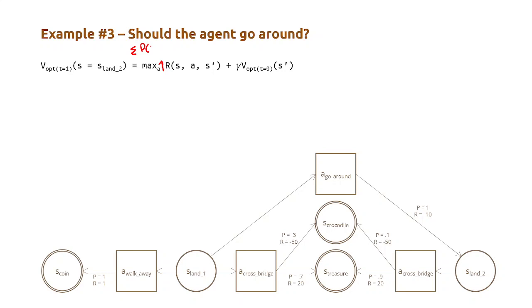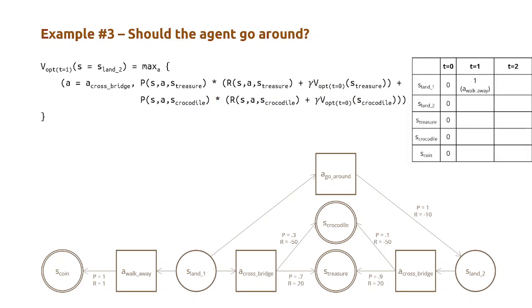Summation of S prime times the expected utility. Okay, so we have two paths. First, we have this path, and then we have this path, right?